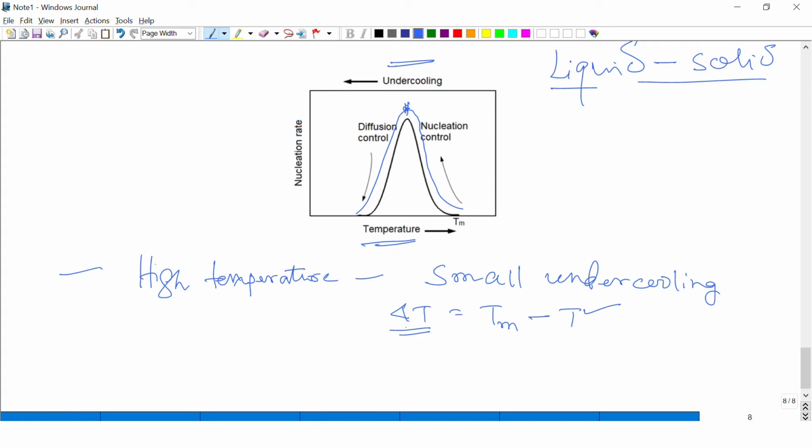Okay. And similarly, low temperature will have higher undercooling.